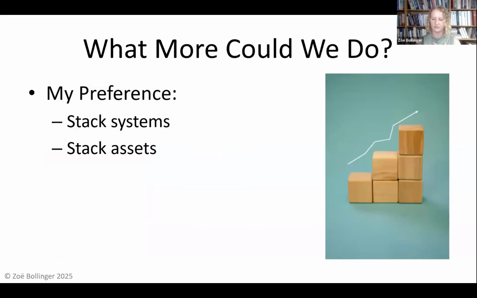My personal preference is, rather than try to build one perfect system, I'd rather have a set of systems that I know perform differently in different environments and stack them together to counterbalance each other. You can do the same thing with a different set of assets using one system methodology. You can do combinations of both.